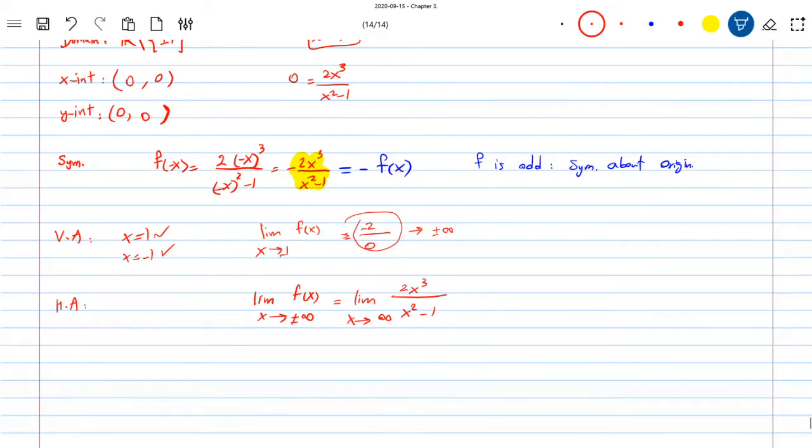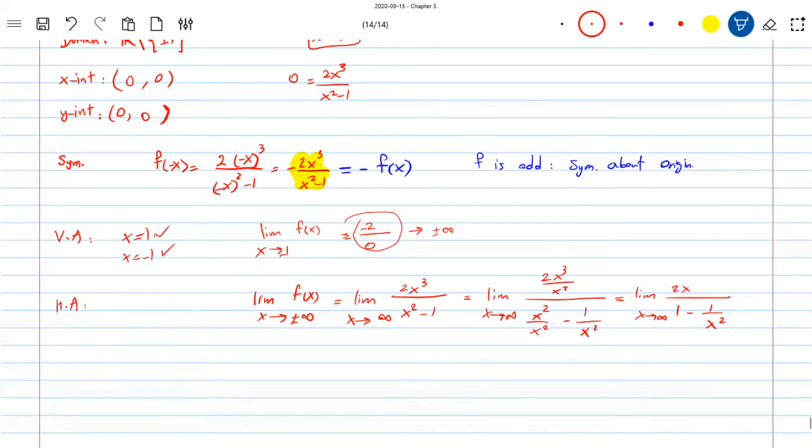As x approaches positive infinity, the technique is to divide by the largest term in the denominator. 2x cubed divided by x squared, and negative 1 divided by x squared, as x approaches infinity. The numerator simplifies to 2x, the denominator simplifies to 1 minus 1 over x squared.